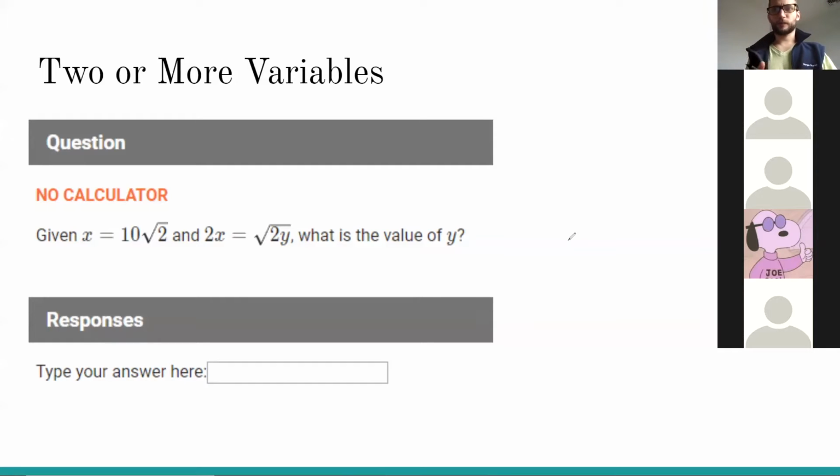All right, so I got a couple answers here. It looks like most of you actually got this one. A couple of little errors here, but for the most part, everyone's comfortable here.